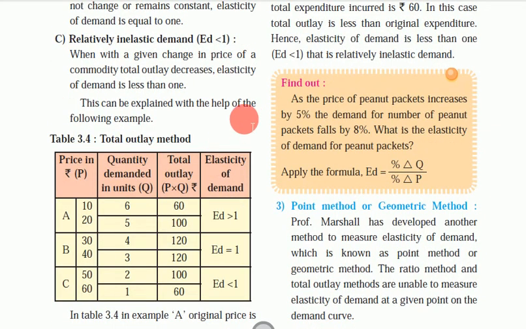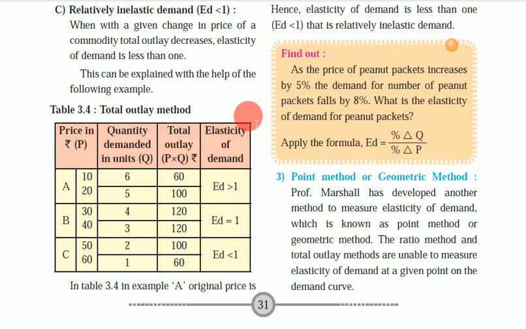This can be explained with the help of the following example. Now we can also understand the above three propositions with the help of this example. Here is the commodity ABC, and the price of that commodity before and after the change, and these are the quantities demanded in units.